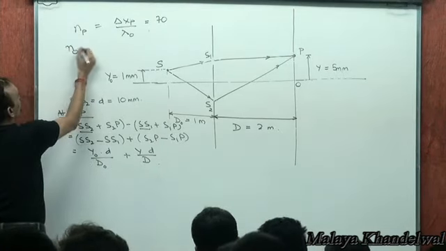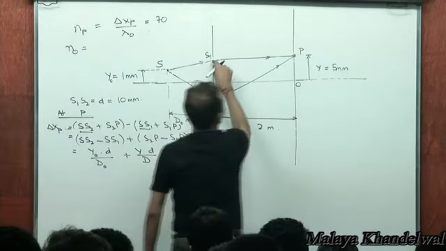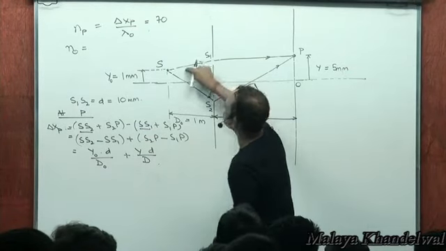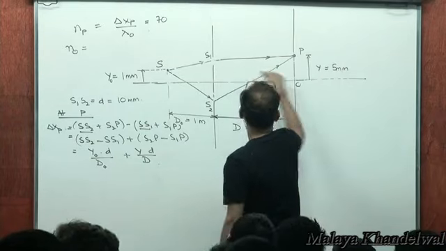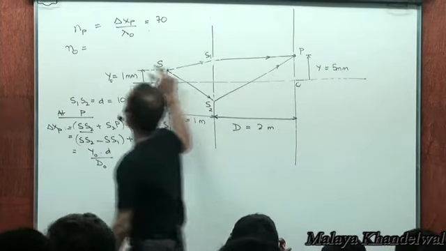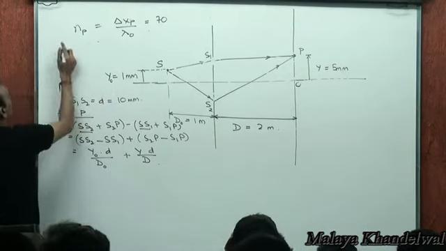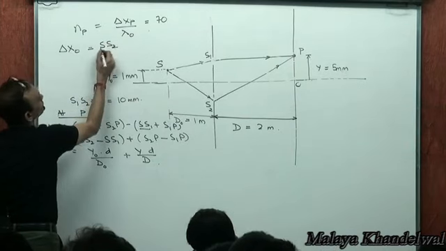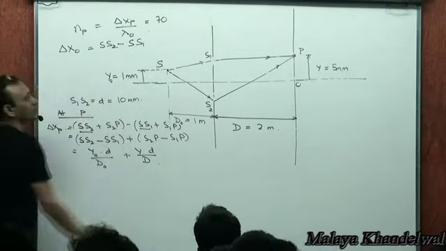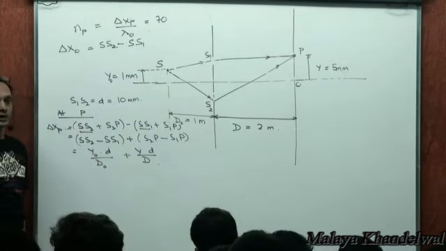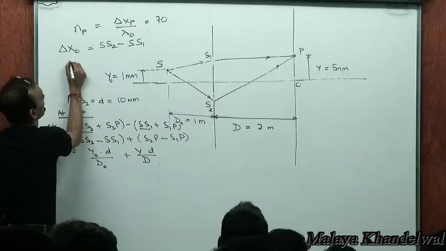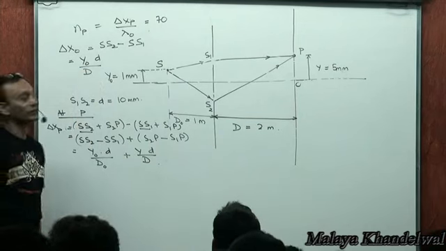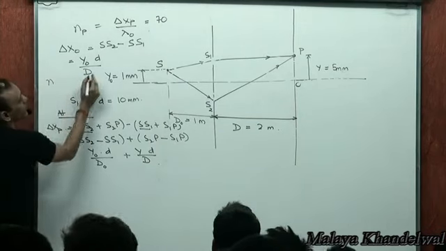The path difference at O, see at O, S1O and S2O are equal paths, right? So the only path difference is SS2 minus SS1, which is Y naught into small d by capital D naught.